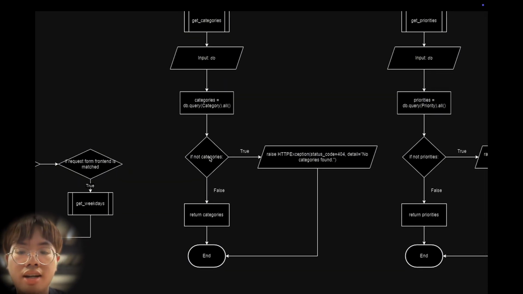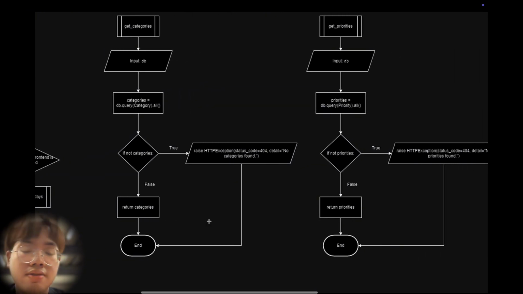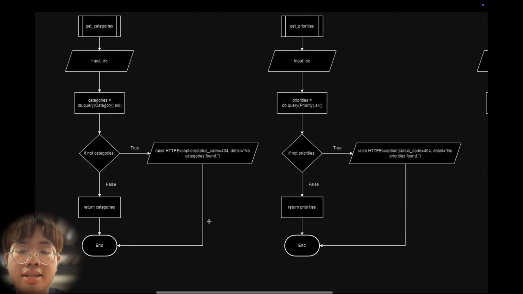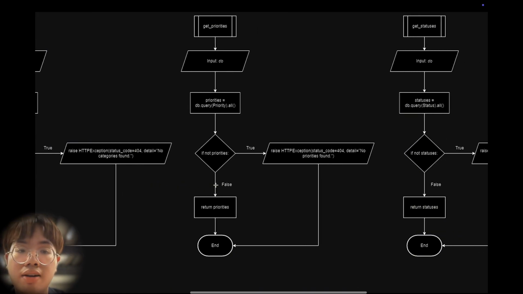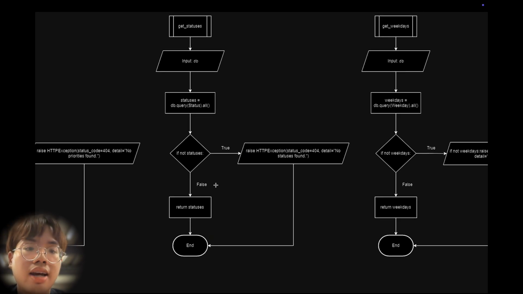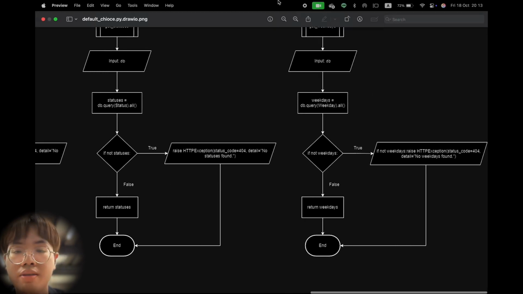If there are no categories, it will display no category found with status 404, and if there are categories, it will return the categories. The other functions act the same, but change from categories to priorities, statuses, and weekdays.